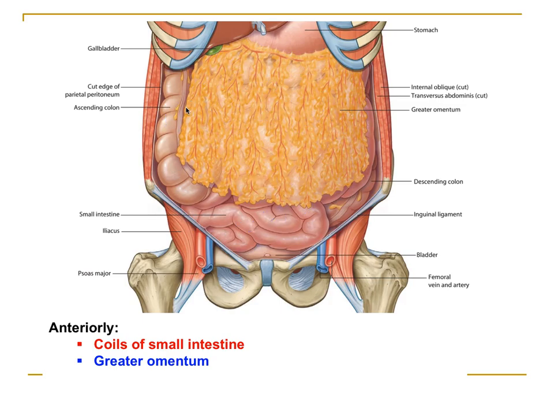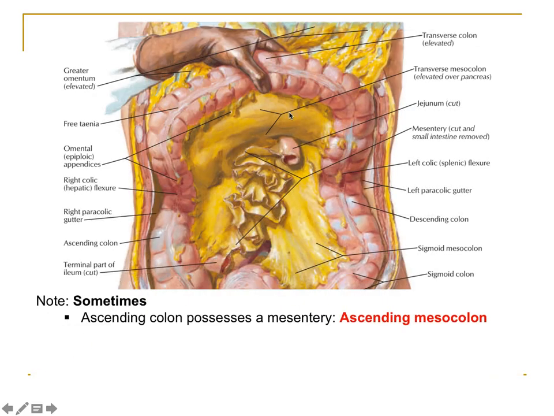Sometimes, like the mesentery of the transverse colon, which we call the transverse mesocolon, the ascending colon also contains a mesentery, called the ascending mesocolon.